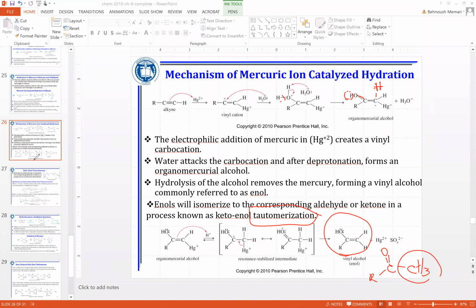But the addition is addition of water. Hydrogen is added to the least substituted carbon, and OH is added to the other carbon, the more substituted carbon. Hydrogen is added to carbon 1 and OH is added to carbon 2.